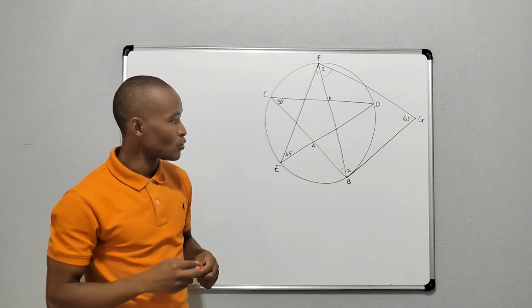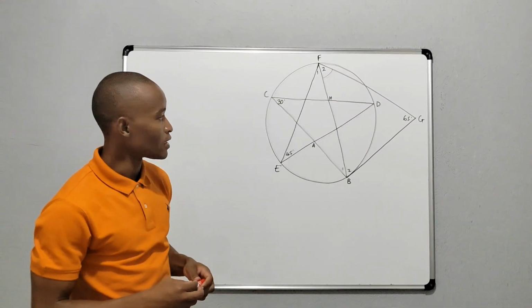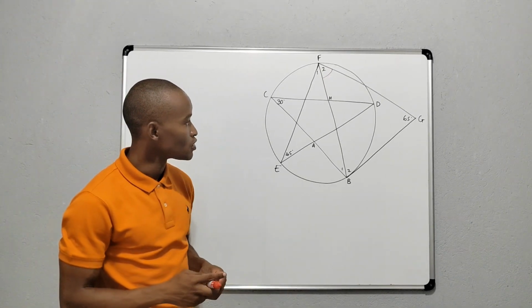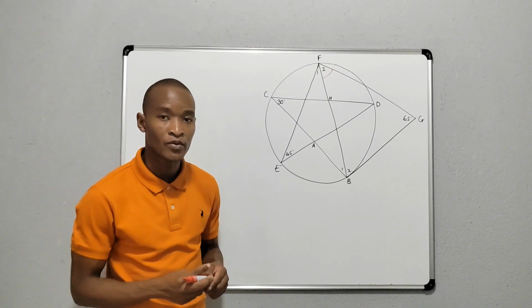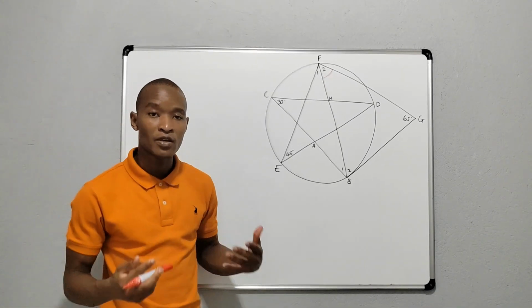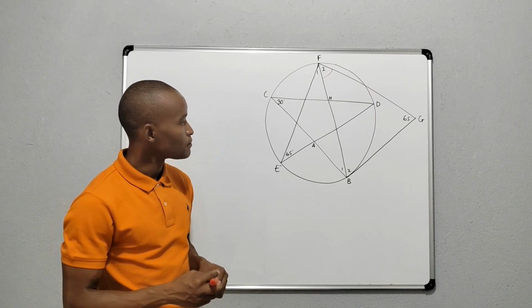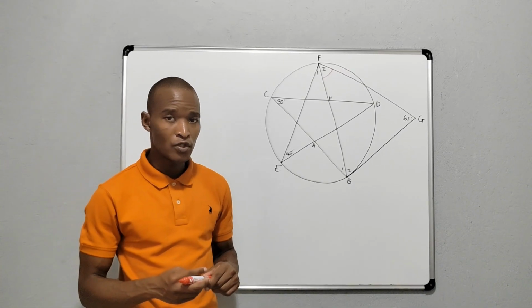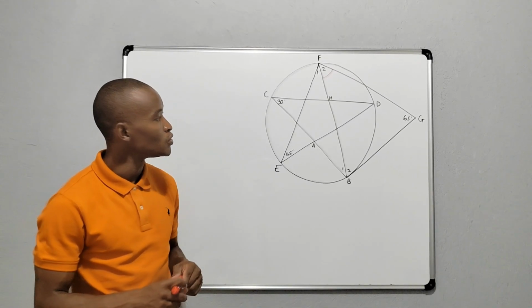Okay, so what would be the roadmap and how will we navigate our way through this problem to get to the solution? The center is not given, we don't have a diameter, we don't have a radius, we don't have equal chords like the previous question, no cyclic quad. So what can we do?